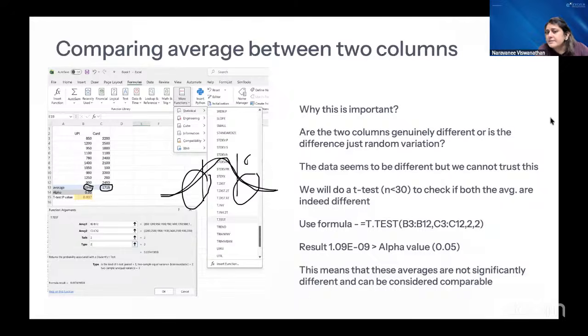Am I making sense? Clear? What is t-test stand for? Everyone got it? T-test, F-test, ANOVA.